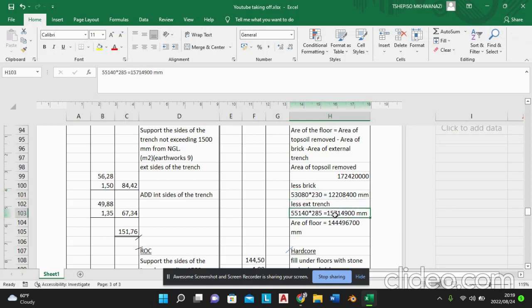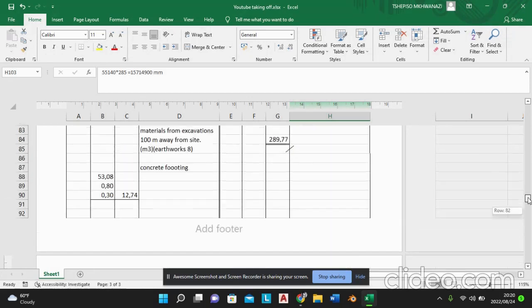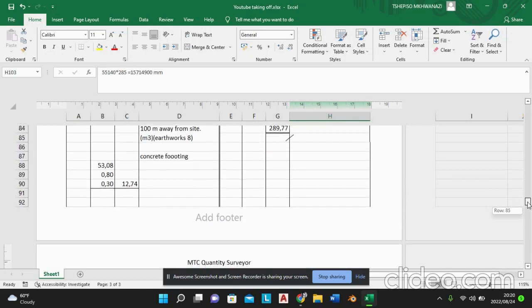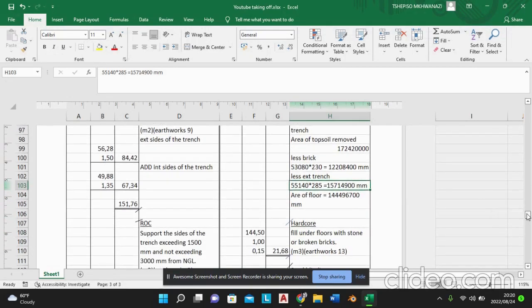And then here we have the center line for the external trench, which is from when we were doing the waste calculation. There's no need to show that. We did the waste calculation to calculate the center line for the external trench. We're going to use the center line for the external trench, which is this one, and then we multiply by this one, and then it equals this one.